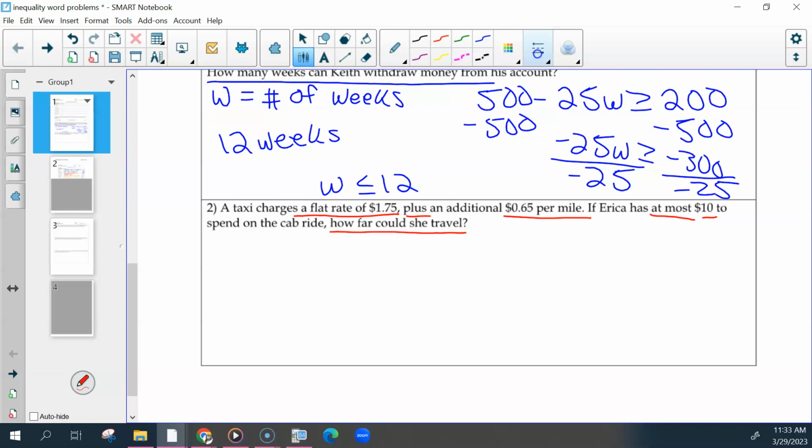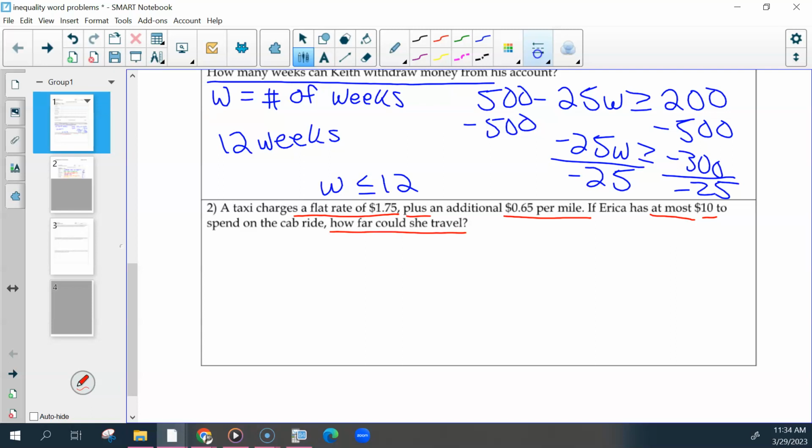We talked about that a while back when we started doing word problems. Even if she gets in the cab and goes around the block, not even a mile, she would still get charged that $1.75. The plus tells us what operation we're using, the 0.65 per mile. At most is our inequality word, and then the $10. And then, of course, we're looking for how far she could travel.